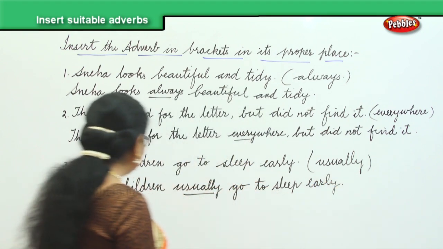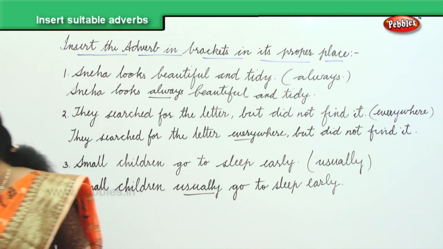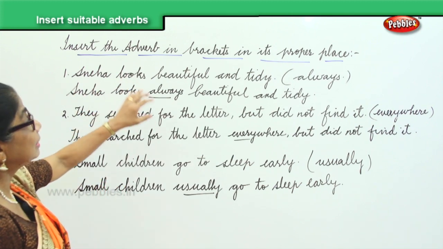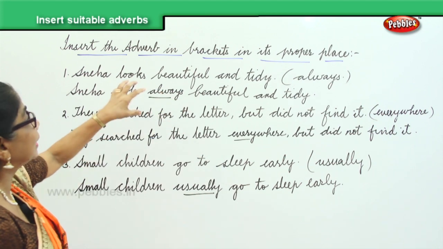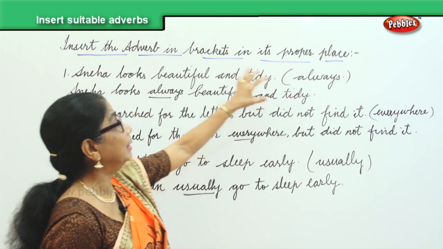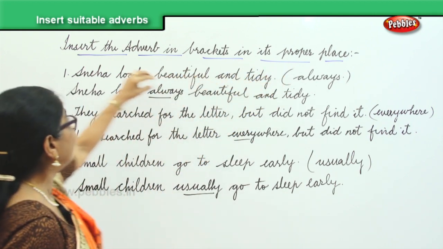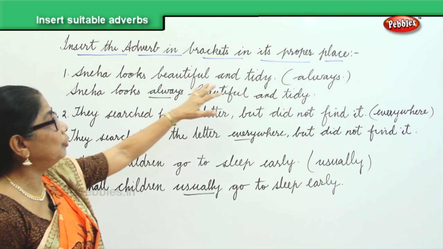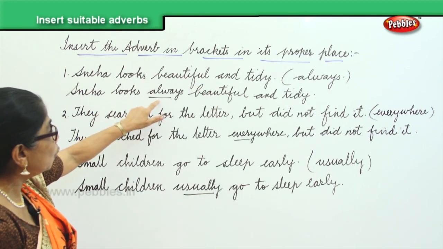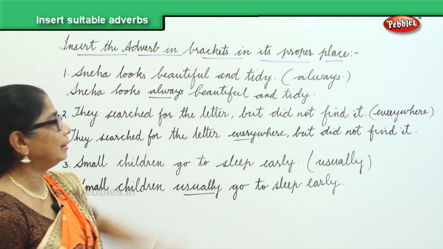Okay, we have done 3 sentences for you, and let's look at it once again. What we have done is inserting the adverb in the correct place. Sneha looks always beautiful and tidy.